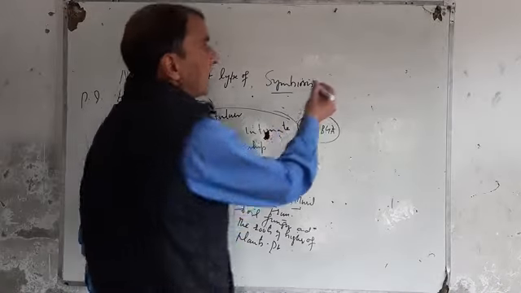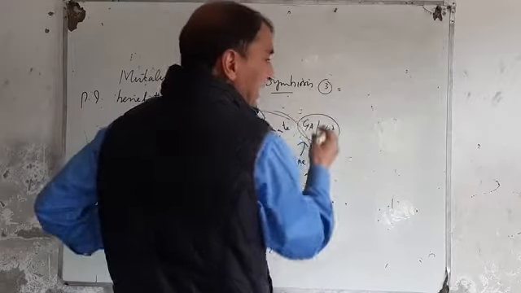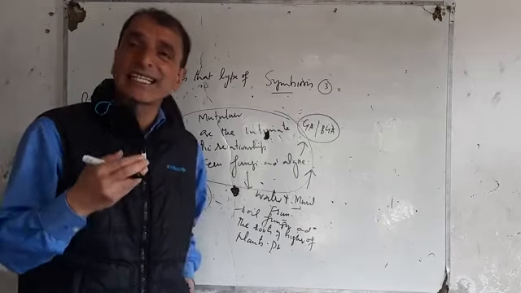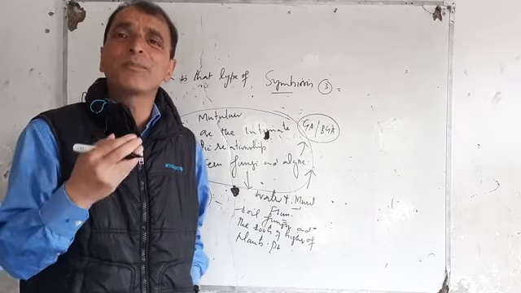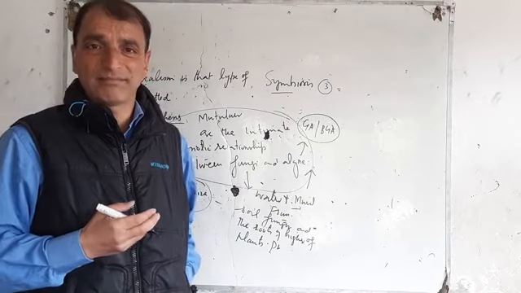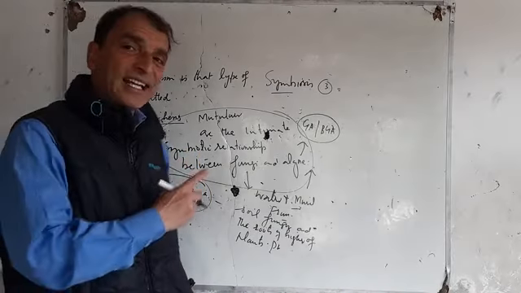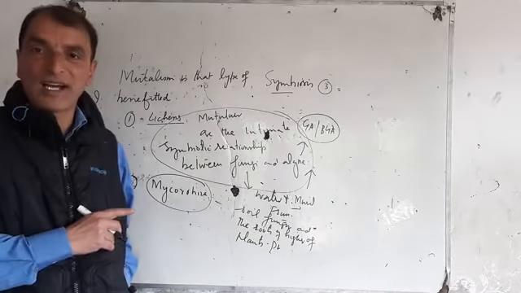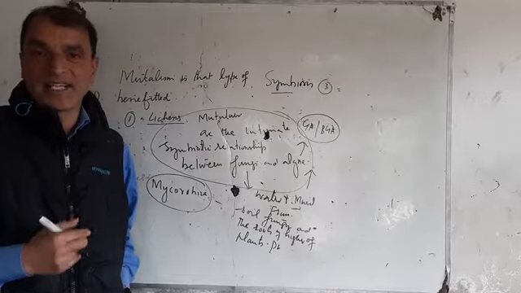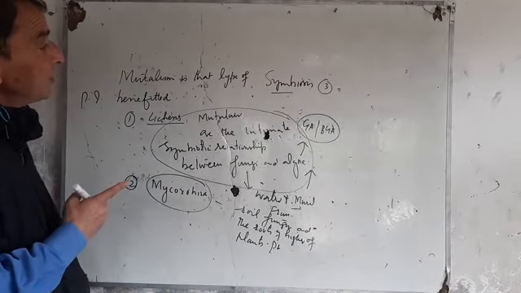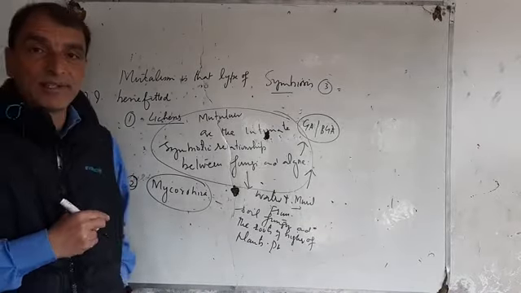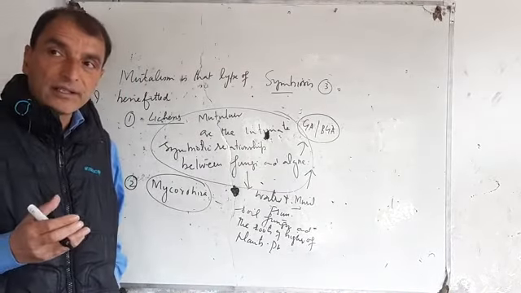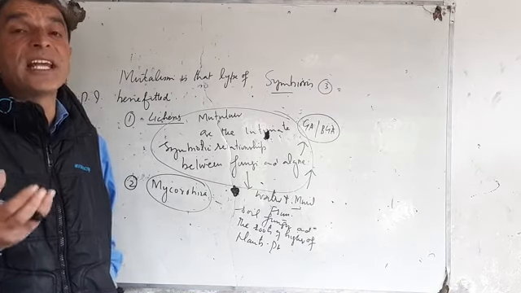Now let's come to the 3rd example, where the association between the 2 interacting species is not permanent, it's a temporary one. While we saw in lichens and mycorrhizae, the association between the organisms was of a permanent nature, in the 3rd example the association between 2 organisms is not permanent, it's of temporary nature.